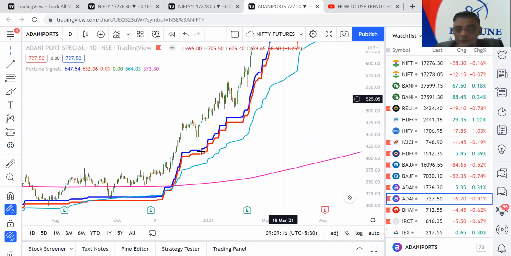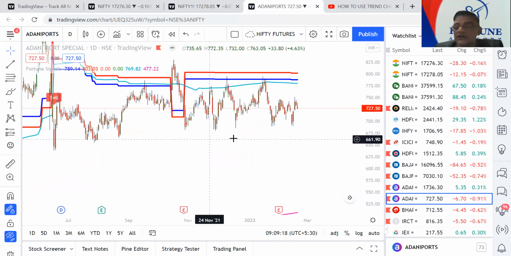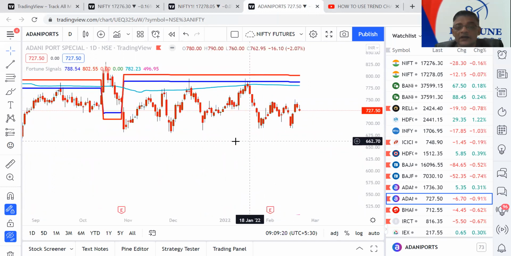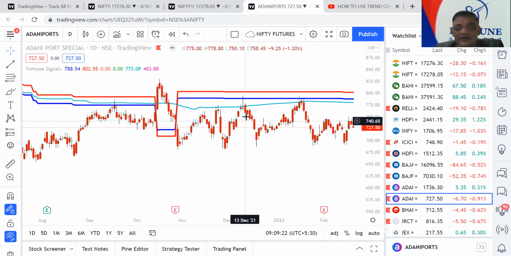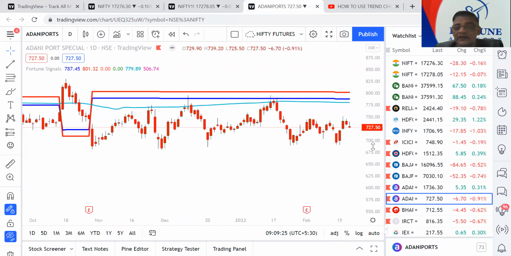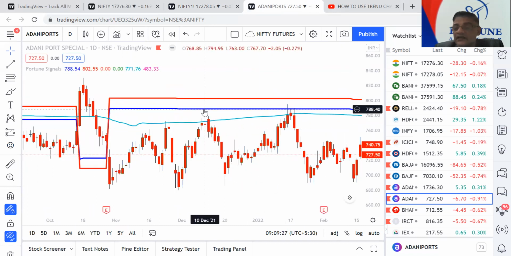Once it closes below 638, we will exit the stock completely from our portfolio. And even if you see here, every time it comes and touches the blue, it will react. Every time. This happens in daily. So this indicator, you can use in any time frame.